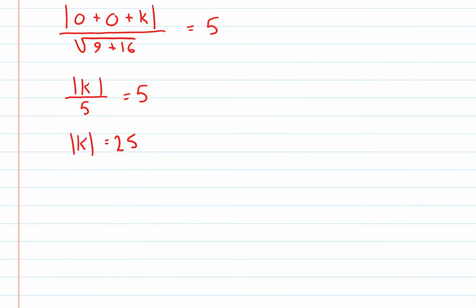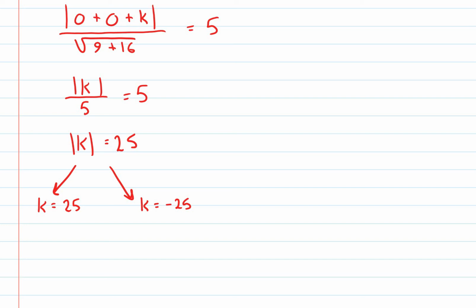But once we have a modulus, we're going to have to divide this into 2 bits. It will be k equals plus 25, or it could also be k equals minus 25. Because the absolute value of k is 25, therefore k could be 25 or minus 25.